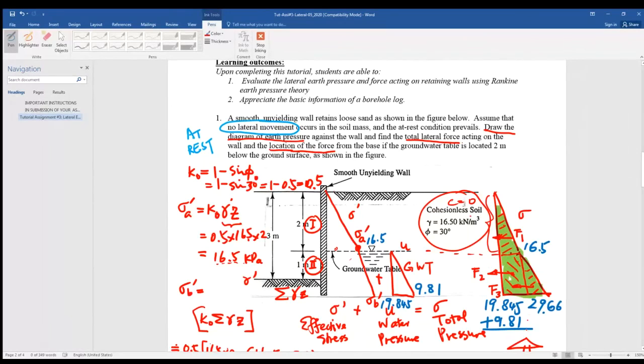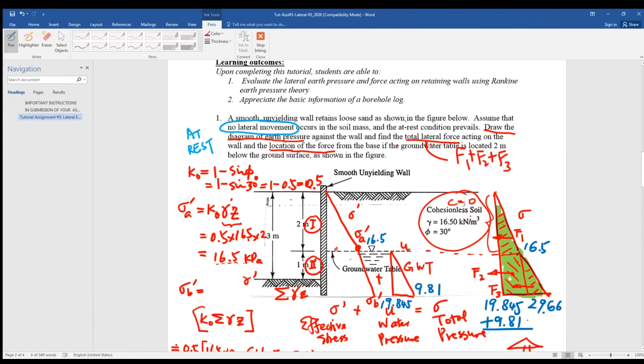The height of this F2 above the bottom, and also the location of F3, above the bottom. So what's the total force? F1 plus F2 plus F3, right? So that gives you the total force.